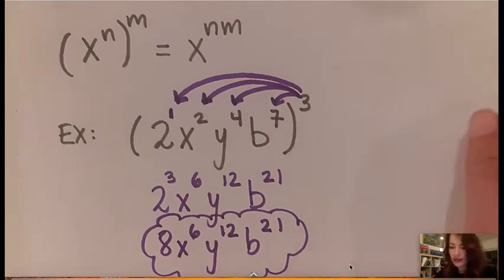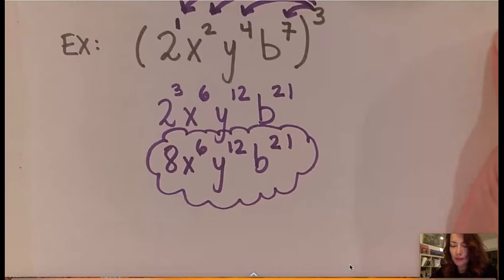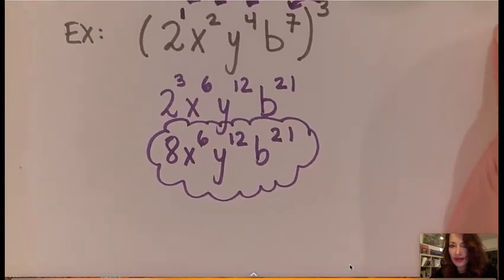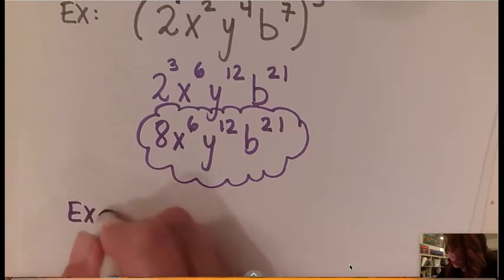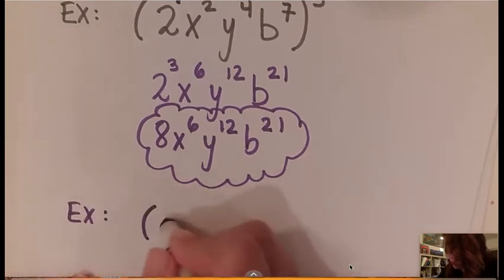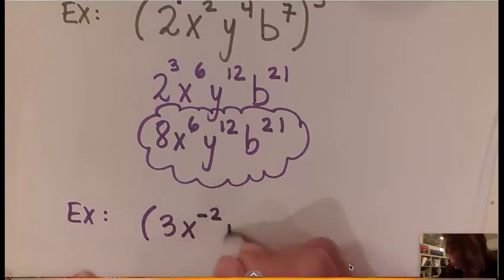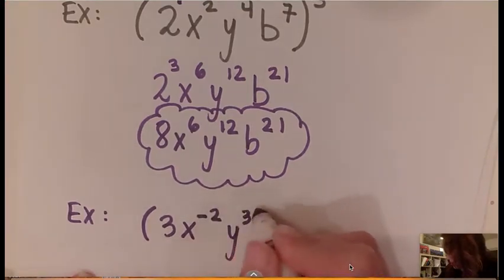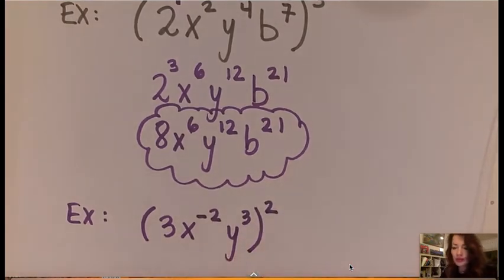Now you can do the same thing even if you had a negative exponent. So let's look at an example where we have a negative exponent. So let's say I had 3x to the negative 2, y cubed, all of that raised to the 2nd power. We're going to do the same thing.